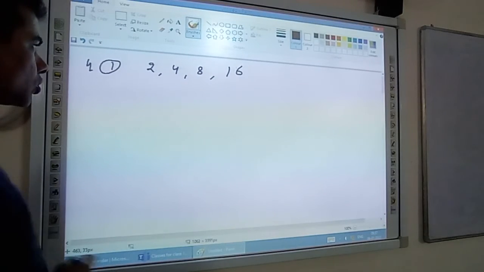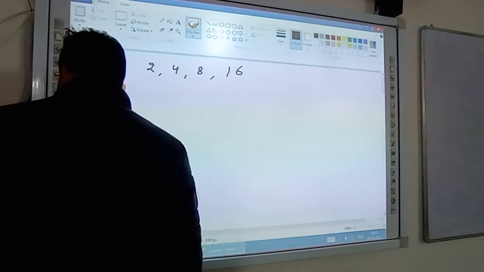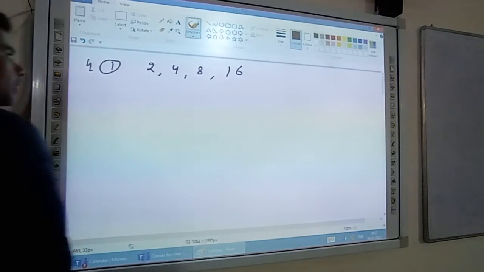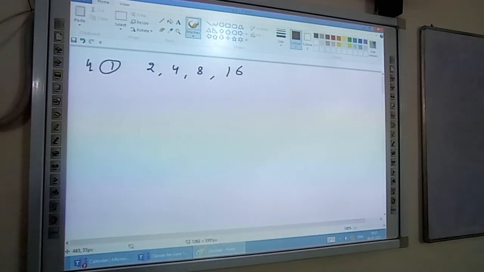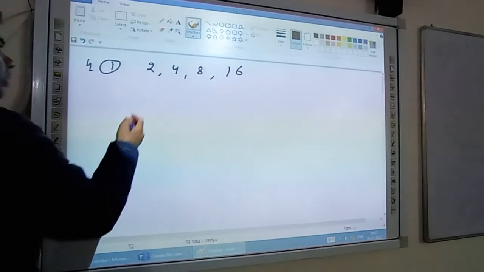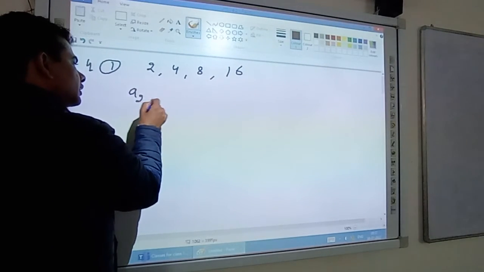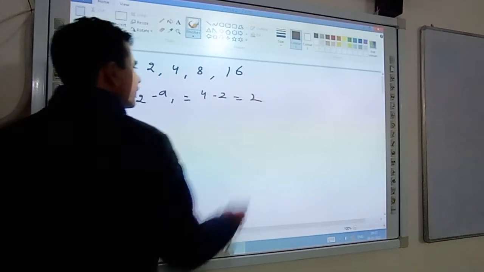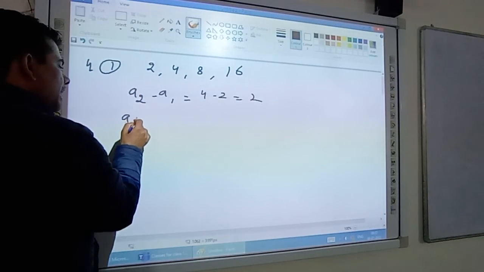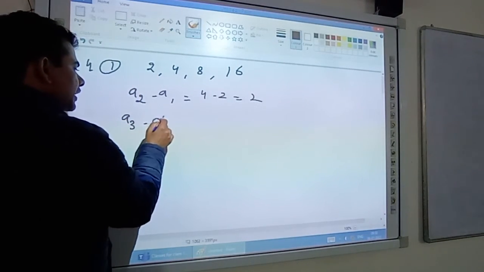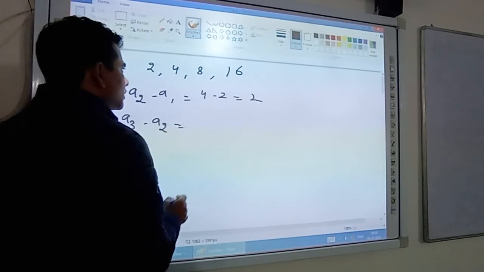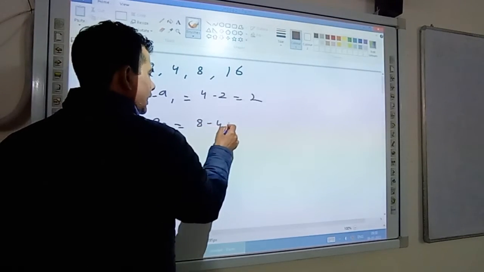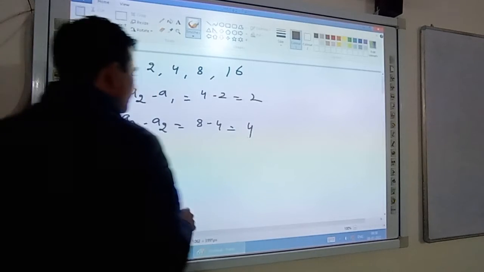Because the common difference is not the same throughout the series. How can we check it? A2 minus A1, 4 minus 2, that is 2. A3 minus A2, 8 minus 4, that is 4.